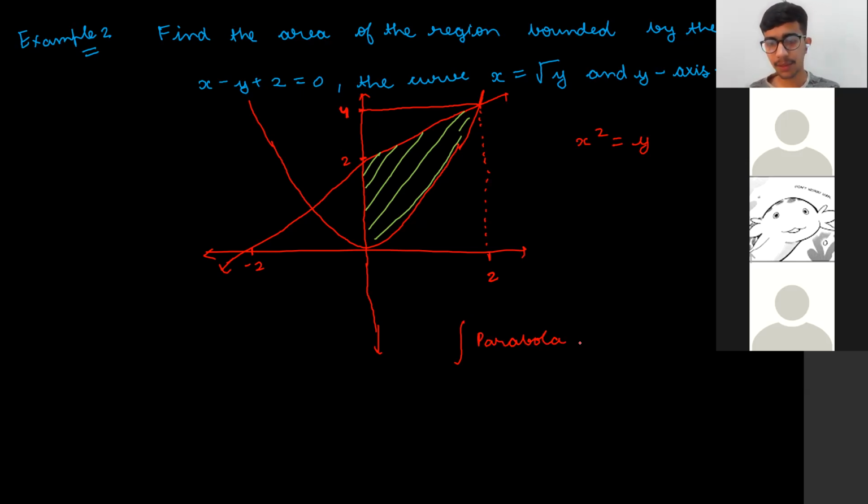So integration of the parabola's area with respect to y from 0 to 4. And then what you do is you subtract the line's area with respect to the y-axis. So once we have the whole parabola area, that means we get this whole area and we have to subtract this area now. So minus integration 2 to 4 line's area dy.